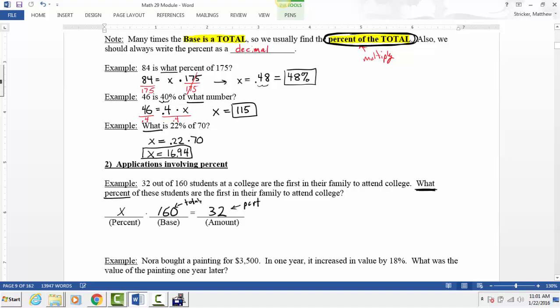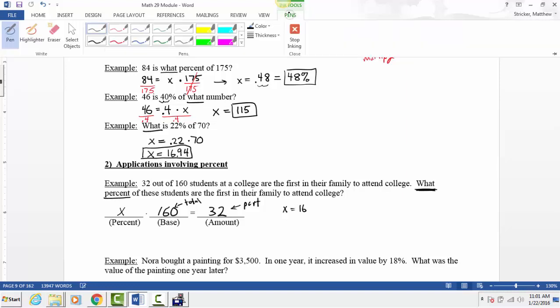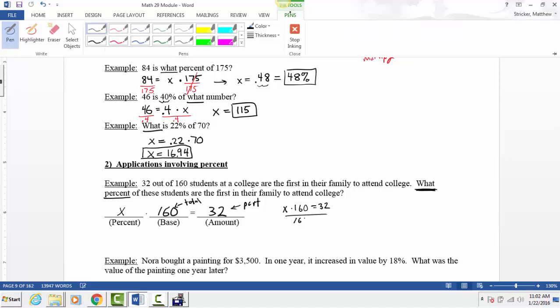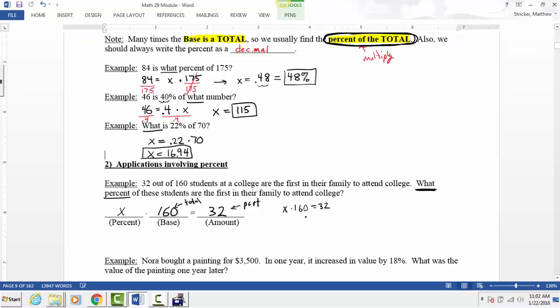And so if I want to solve for x, let's go ahead and write this off to the side. x times 160 is equal to 32. What do I need to solve for x? I need to divide both sides by 160. Divide that side by 160 and divide that side by 160.